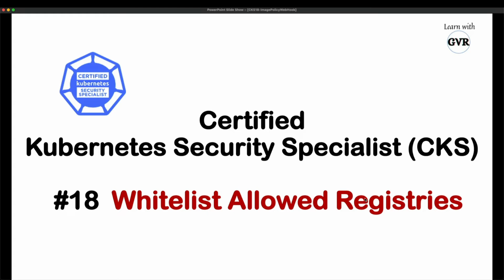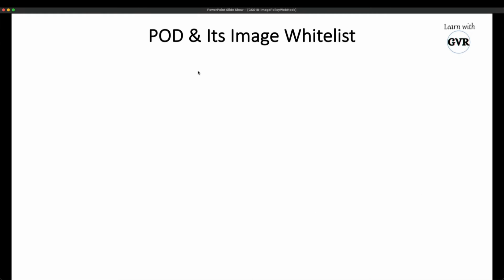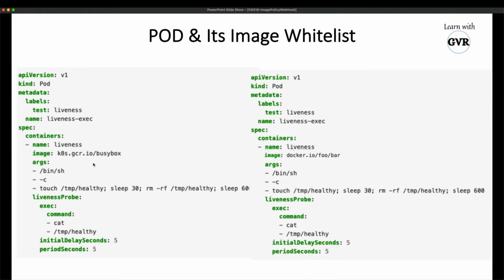In Kubernetes, everything is a pod. A pod is nothing but containers, and containers have images. To achieve security, you may need to whitelist a specific registry.